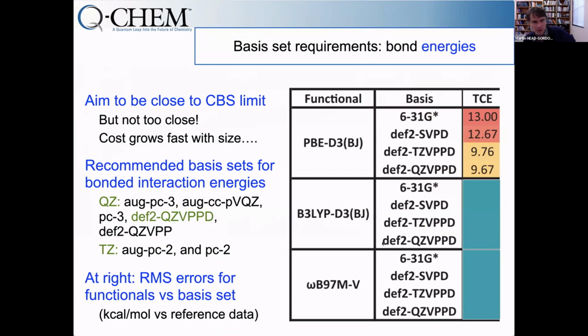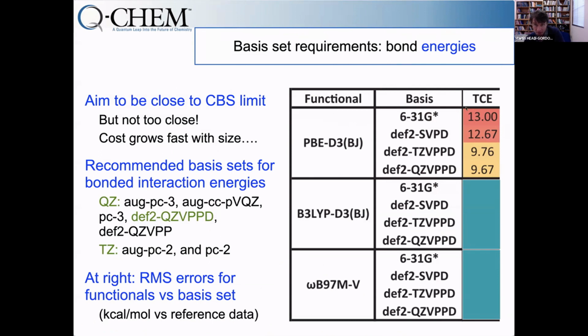I want to finish up with some comments about basis set requirements. How do you actually get those good energies? Everything we did in the benchmarking was done at the def2 QZV PP level or PPD level, which is a very large basis set. To what extent do you need it? Well, this is looking at a GGA, PBE-D3.